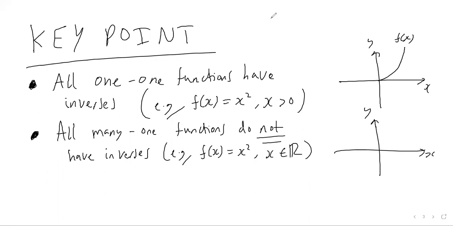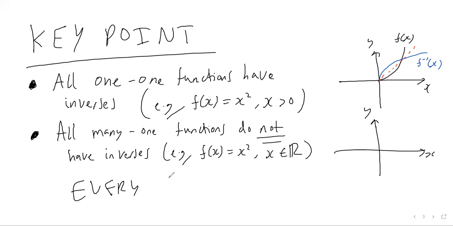If we reflect this in the line y equals x, perhaps something like this, you would get this new blue graph, and that's also a one-to-one function. So this is all fine: this is a function, and so an inverse function exists. So every one-to-one function has an inverse, and every inverse function is a one-to-one function. That's a key point as well that I'll make here.